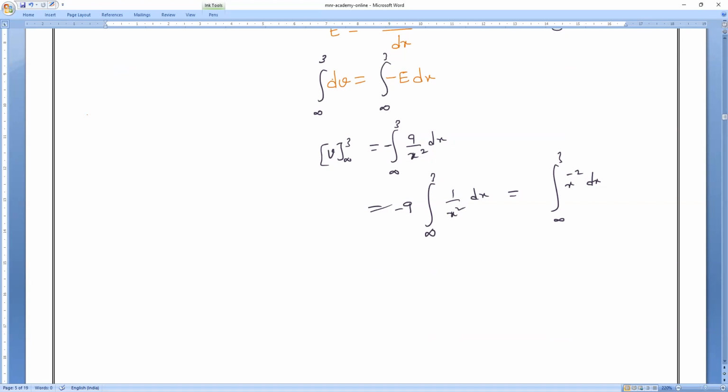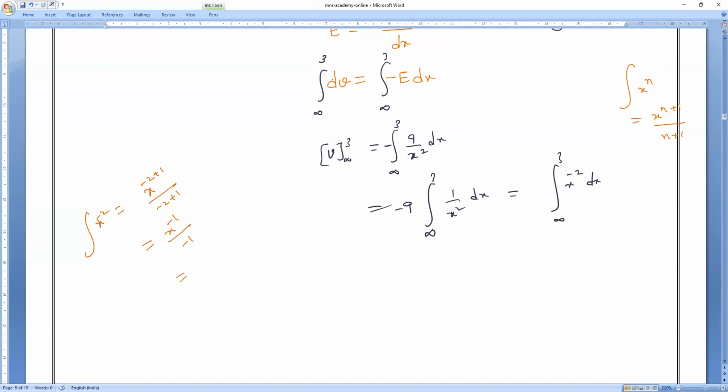Can you tell me the integration of x power n? What is the formula? We all know that. Integration of x power n is x power n plus 1 divided by n plus 1. Am I right? Same way you can apply here. So integration of x power minus 2 is x power minus 2 plus 1 divided by minus 2 plus 1, which is x power minus 1 divided by minus 1.